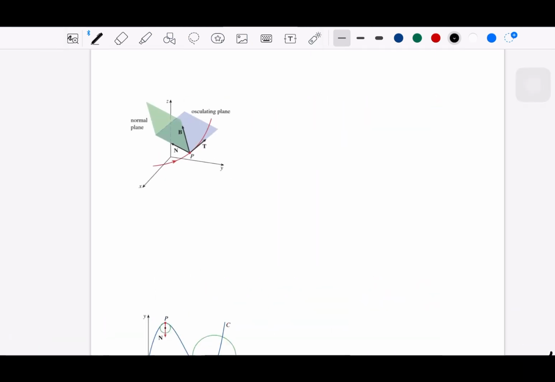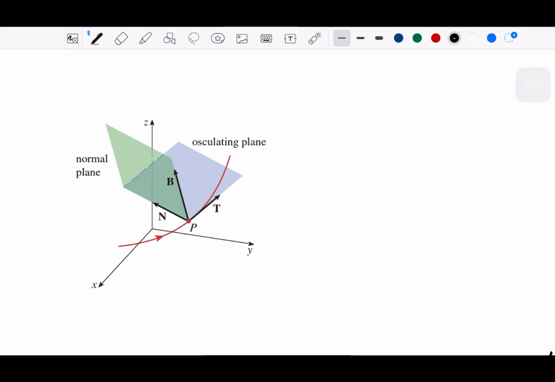Now this is what we have in between the vectors. We can draw a plane out of these vectors. We call this the osculating plane for the vectors T and N, determined by T and N, right?